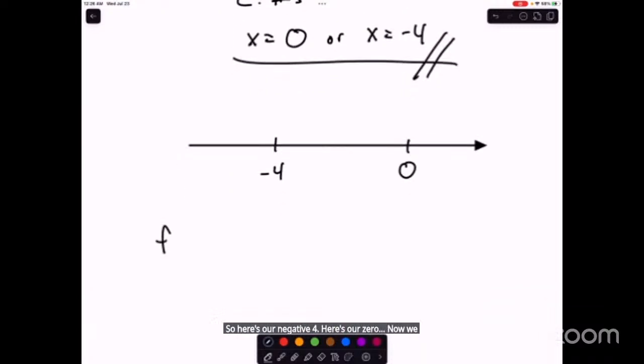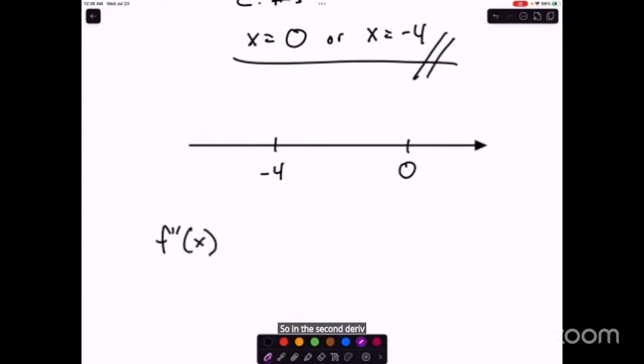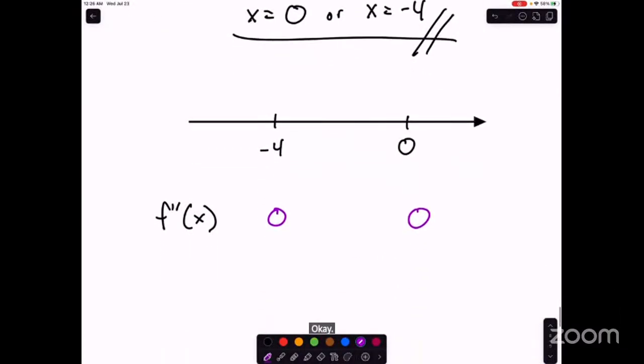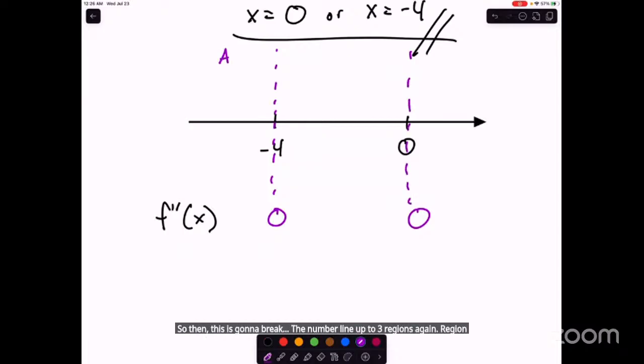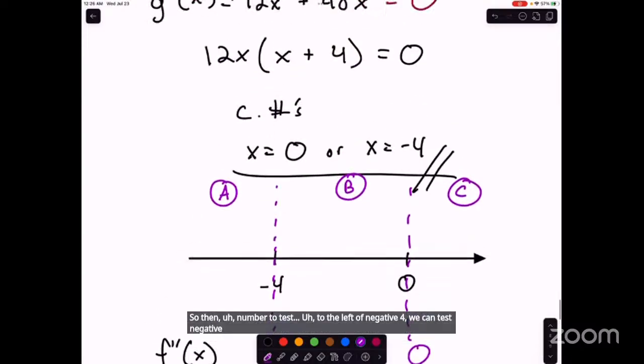Now we're looking at f double prime. So in the second derivative, this guy is 0 and 0, okay? So then this is going to break the number line up into three regions again: region A, region B, and region C. Okay. So then number to test, to the left of -4, we can test -5 in the second derivative.